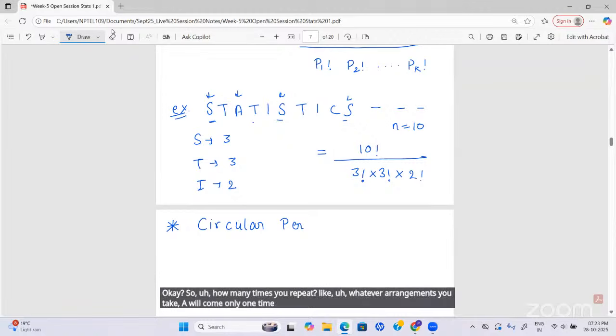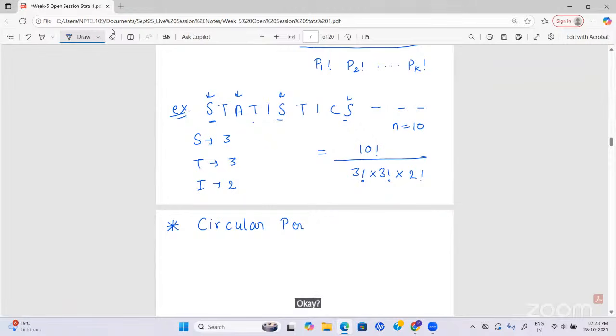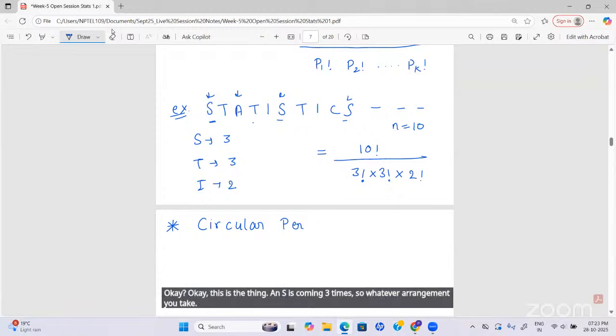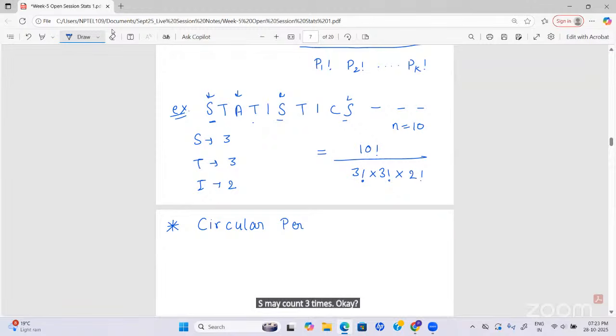A will not repeat itself. And S is coming 3 times, so whatever arrangement you take, S will come 3 times. Their position will change.